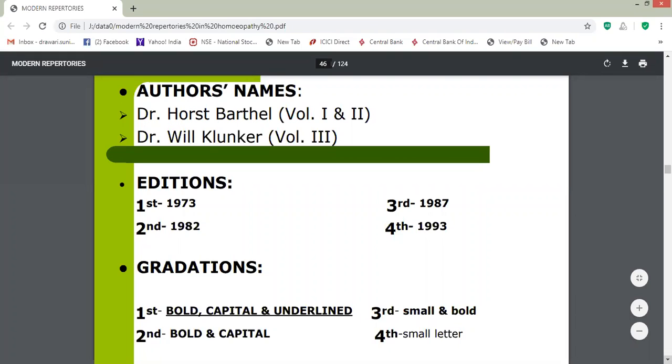According to the publishers, it is the third improved edition, but according to the authors, it is the fourth improved edition.